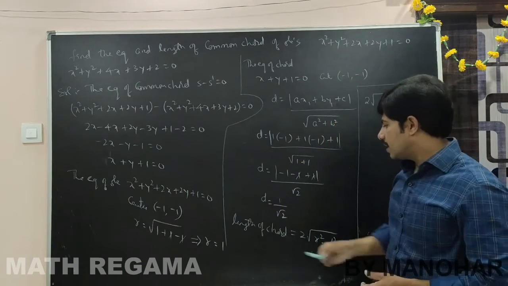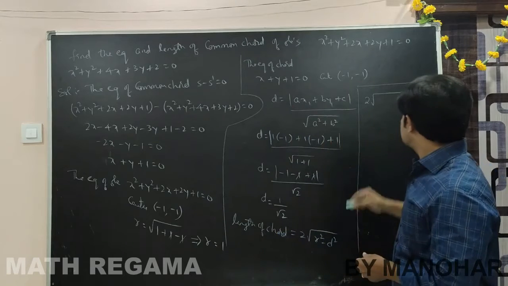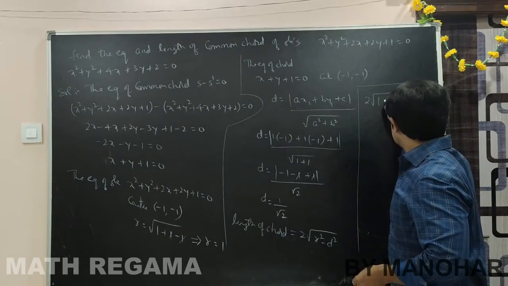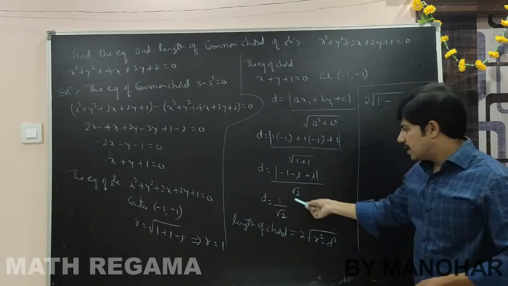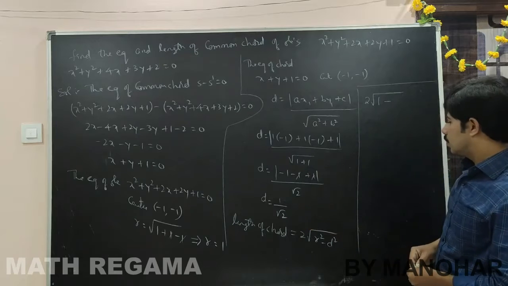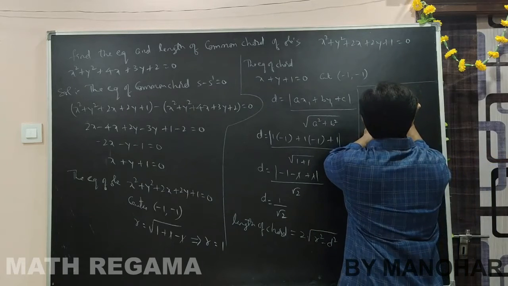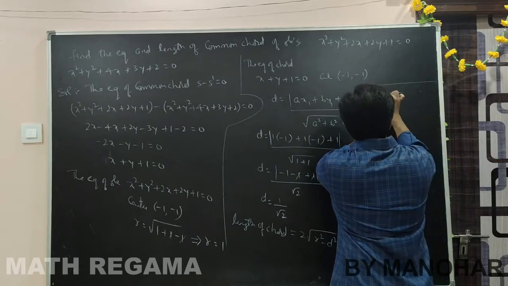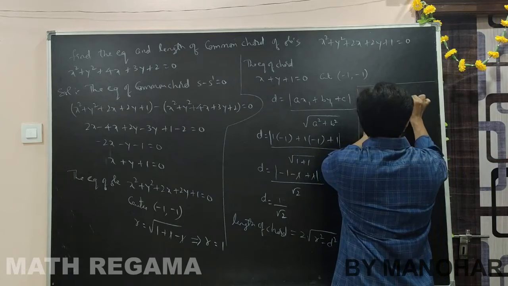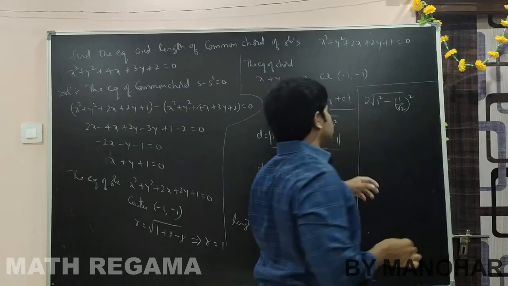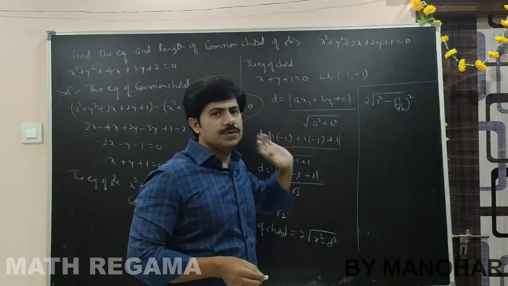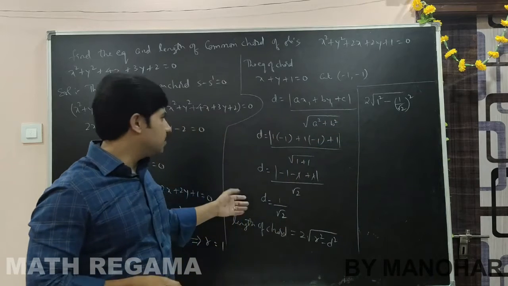Already r is 1, so 1 square is 1, minus d square. d is 1 by root 2, so 1 by root 2 whole square. Just write 2 into under root of r square minus d square, where r is 1 and d is 1 by root 2 whole square.